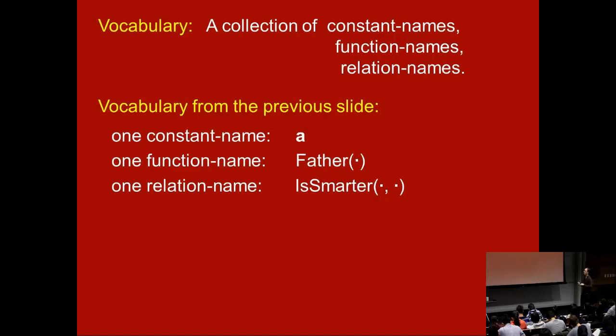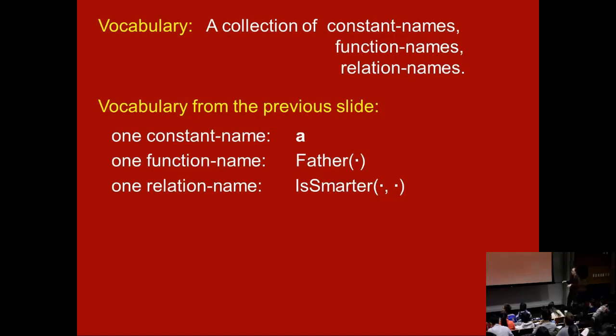Okay, and you'll say which are which. I'm going to give some more examples to clear it up, but this is kind of a confusing point. So on the previous slide, we had this vocabulary. There was one constant name, Alex, one function name, father, and one relation name, is smarter. And so far, vocabulary is just like, these are just kind of strings. They're syntactic objects. We didn't really say yet that this thing really means the father of the person. It's just a name.